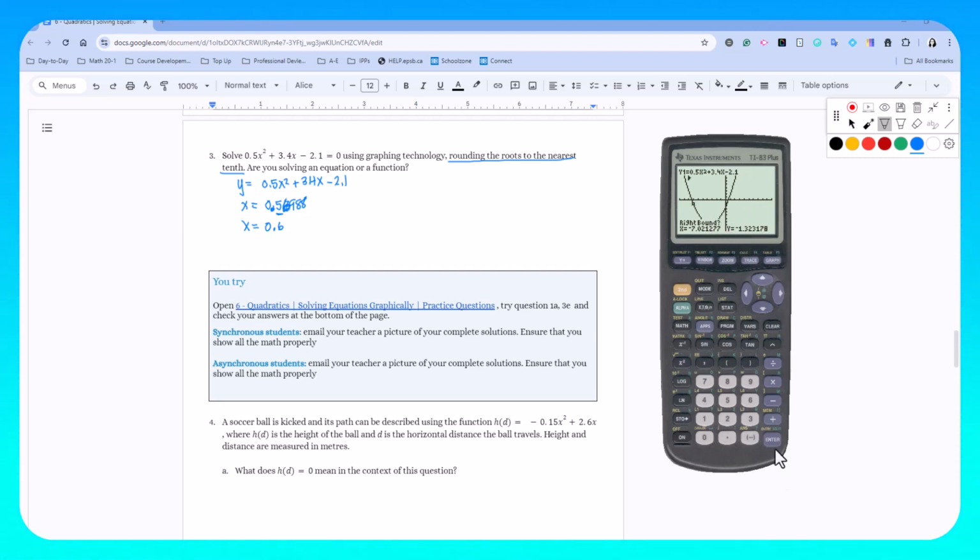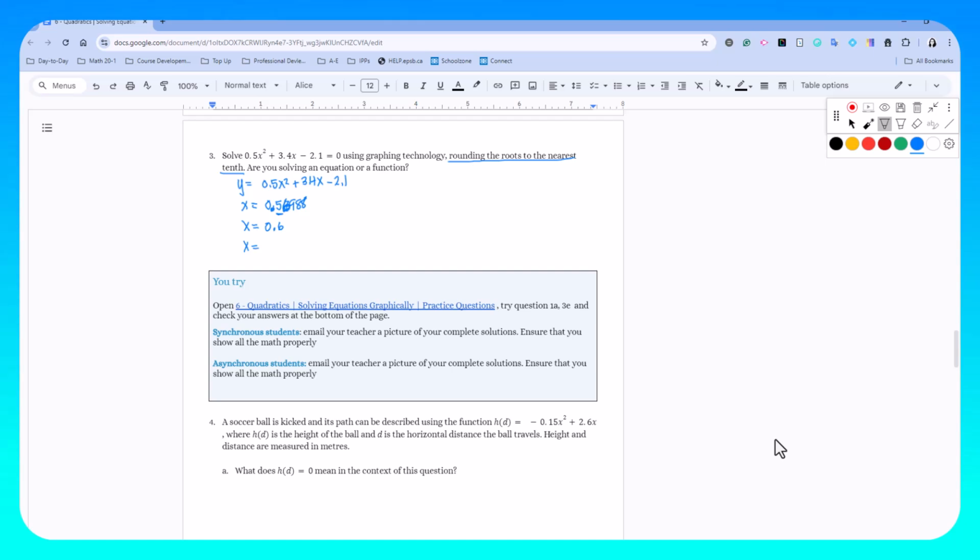Now we get a negative y. Hit enter, and we got x equals negative 7 point, and rounding that to the nearest tenth is a 4. Okay, so we got 0.6 and negative 7.4.